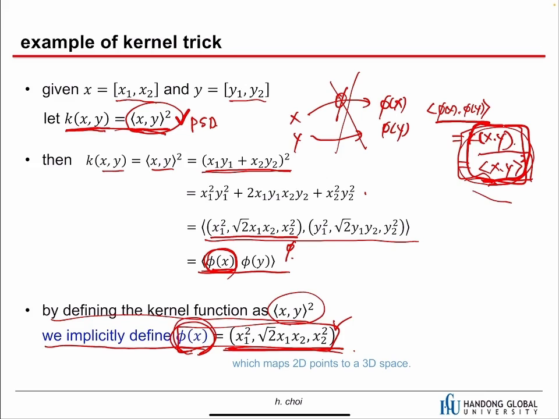We just define the kernel functions, and we assume that there is a nonlinear function. Applying this kernel function to two points corresponds to the inner product between phi of x and phi of y. Again, we don't use the nonlinear mapping phi, we just use kernel functions. But when we use kernel functions, implicitly we use the nonlinear function phi.